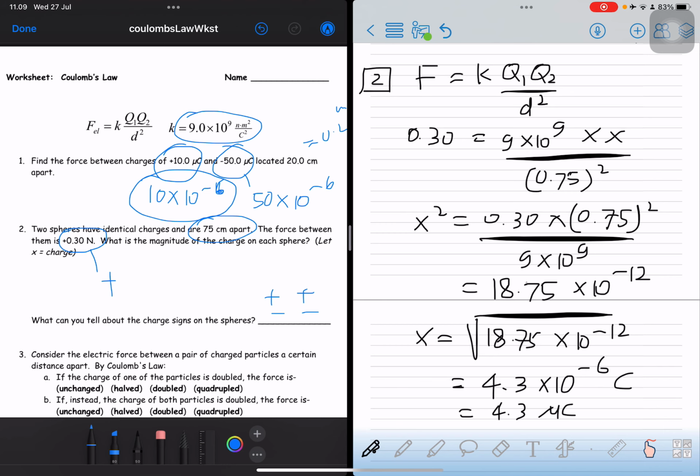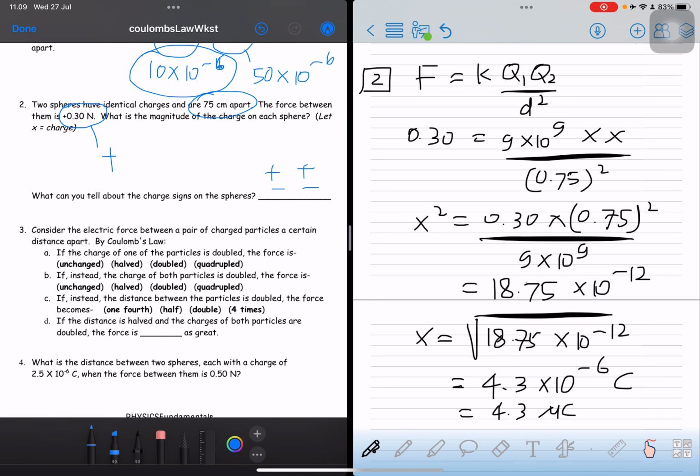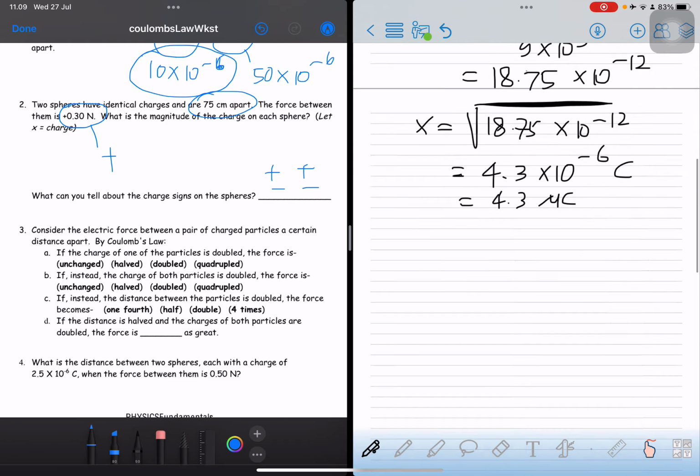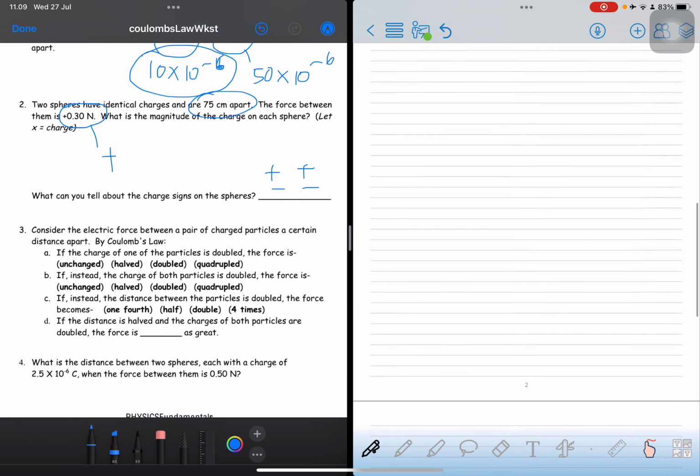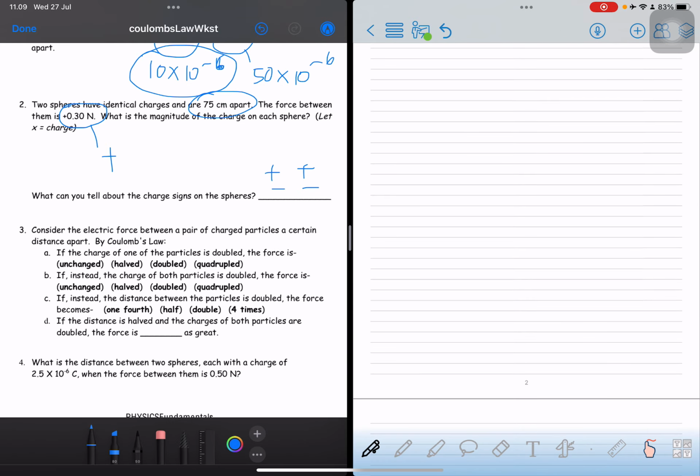Okay, let's check question 3. We have 4 questions, and I hope we can finish them. Number 3: consider the electric force between a pair of charged particles a certain distance apart, given by Coulomb's law.